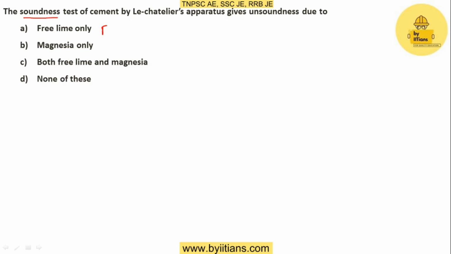Okay, that expansion is also called soundness. This soundness is caused because of the lime present in the cement or magnesia. Okay, either of these can cause it.